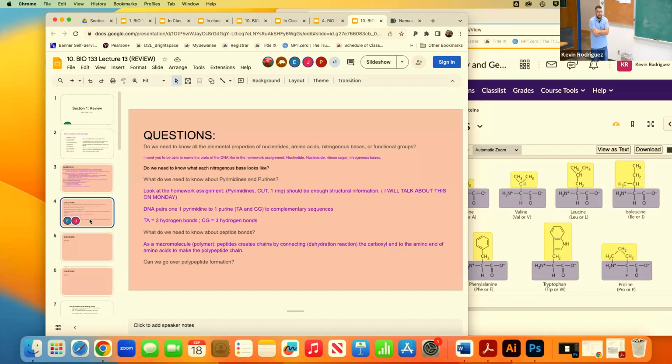What else do we need to know about monomers, polymers, polysaccharides? Define all three to me. A monomer is used to bond polymers together. Not quite, it doesn't bond them together. Monomers make up polymers. They're the building blocks, small subunits.